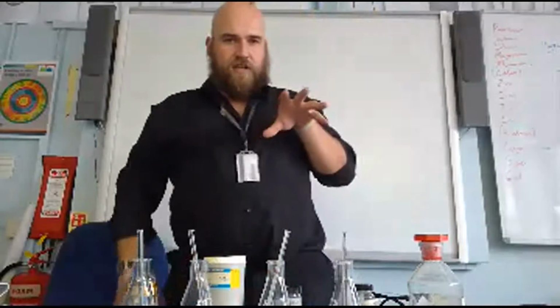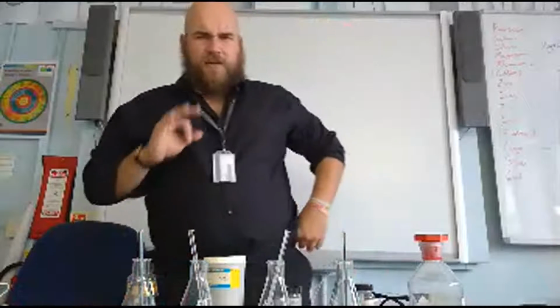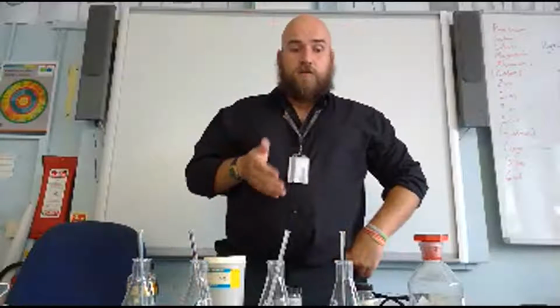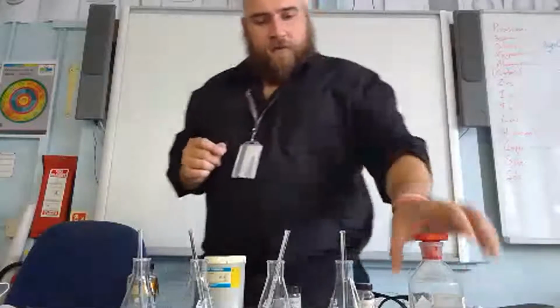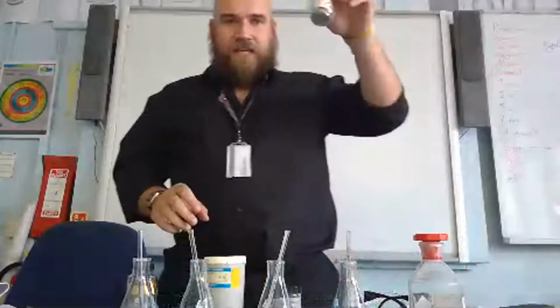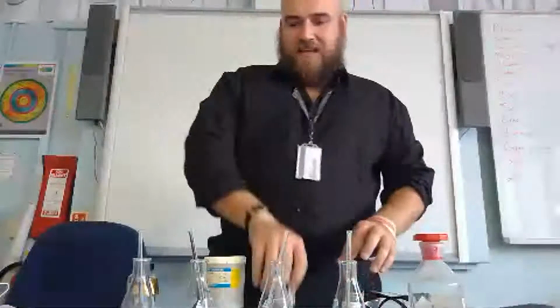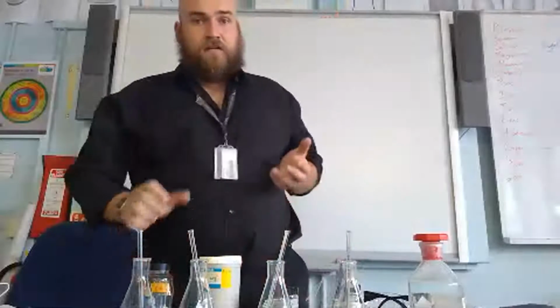So I think in your question that I've given you, you've been asked to give 3 control variables. Volume of solution, or volume of copper sulfate solution, is obviously going to be quite important. So you've got volume of solution. What else do you think needs to stay the same? Well, I'm going to start putting these different metals into the 4 different conical flasks.